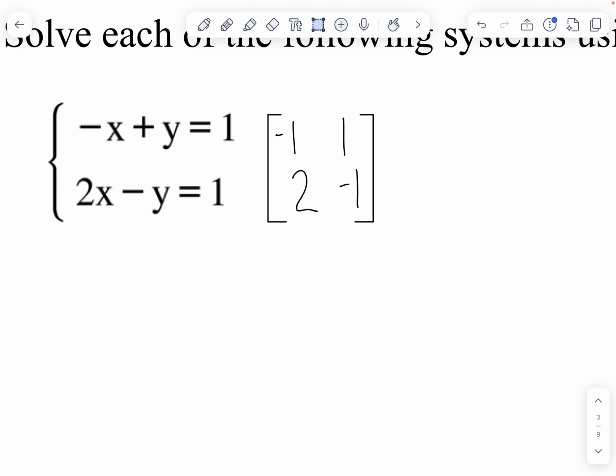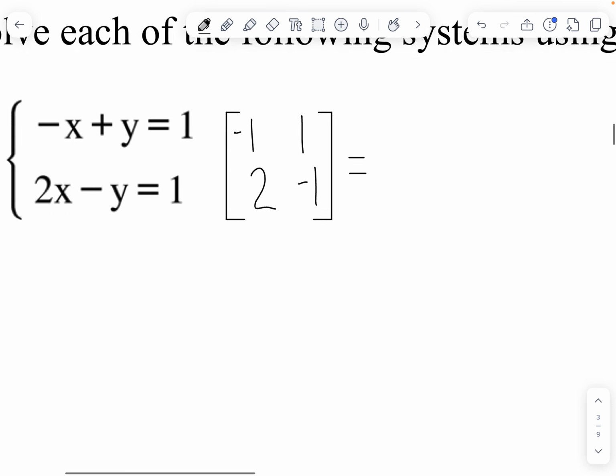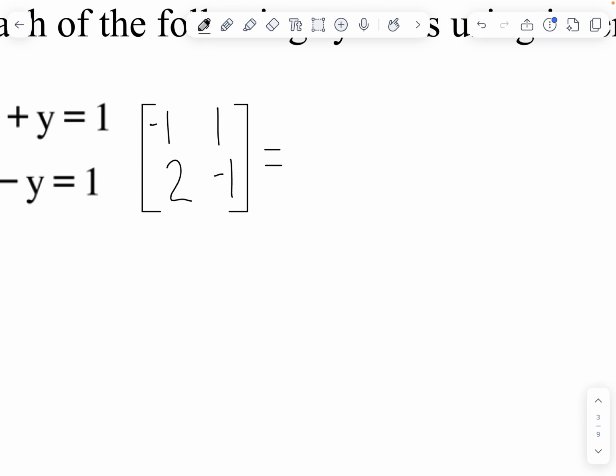And that is our matrix. Now we have to find the determinant. The determinant is just 1 minus 2 equals -1. If you need to know how to find the determinant of a 2 by 2, I have other matrix tutorials on my YouTube channel.